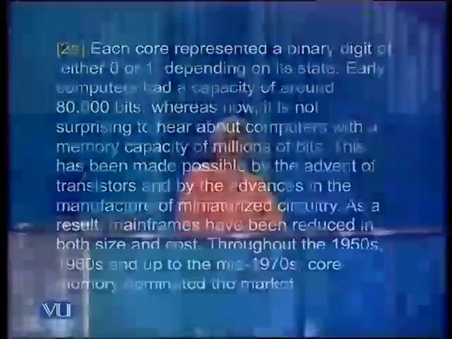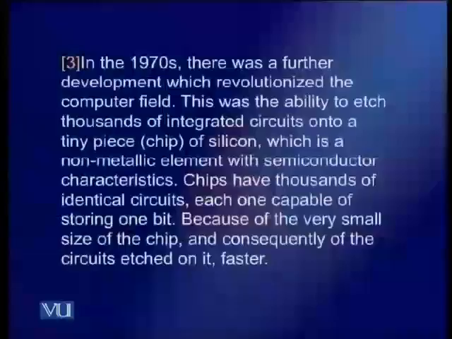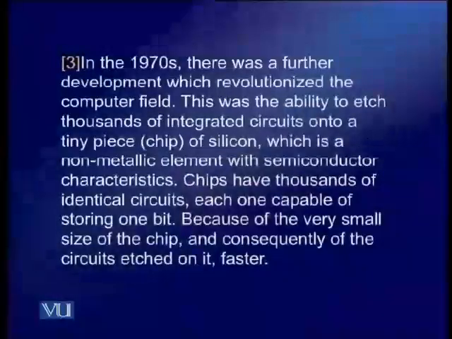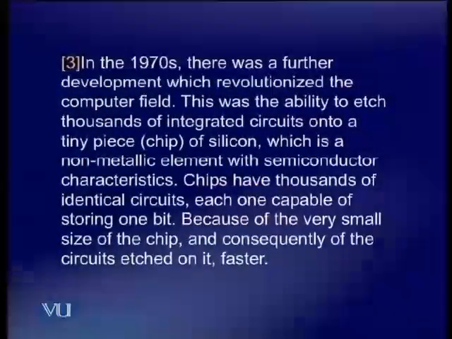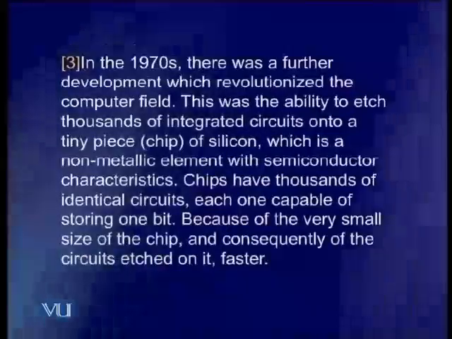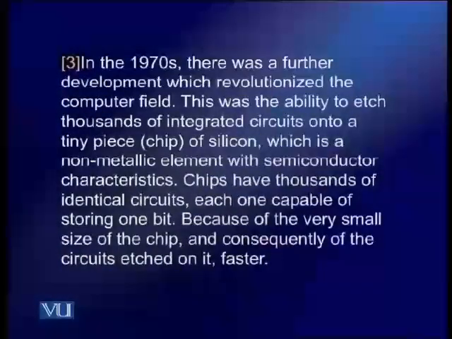As a result, mainframes have been reduced in both size and cost. Throughout the 1950s, 1960s, and up to the mid-1970s, core memory dominated the market. In the 1970s, there was a further development which revolutionized the computer field.